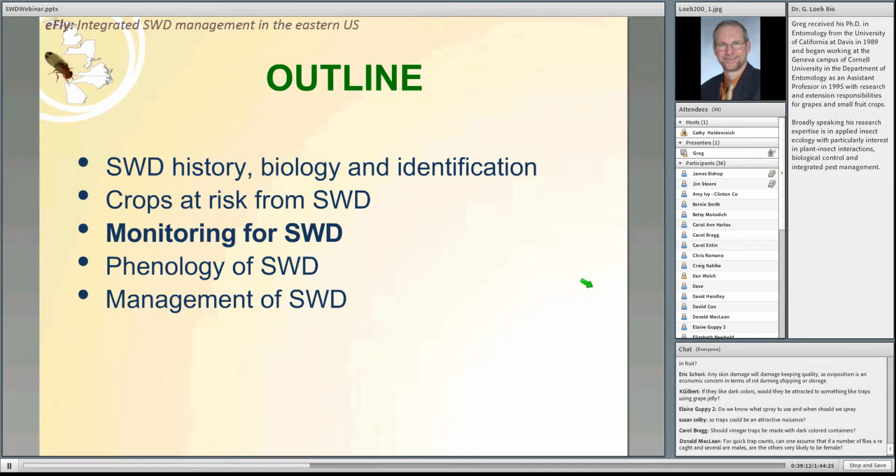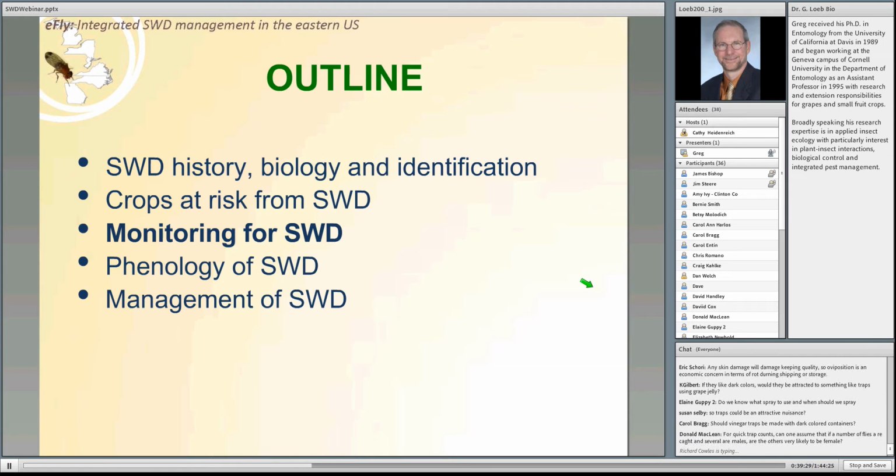For right now, management of them, when you get them, is primarily based on insecticides. I mean, we want to find some other approaches, but insecticides are key. And key to that, and key to being able to continue to market your fruit, is detecting the presence of these flies and starting some sort of control program in response, some chemical control program. So monitoring is quite important, we believe.